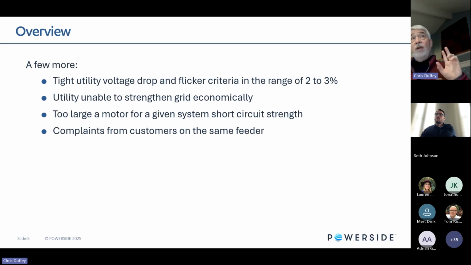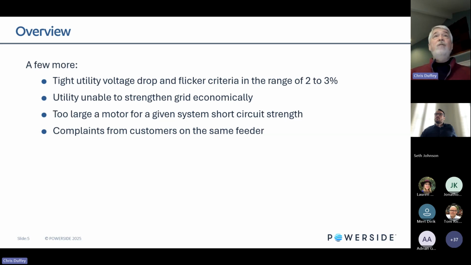Also of note in this presentation, which we'll discuss when we get to the compensation part, are tight utility voltage drop and flicker criteria in the range of 2 to 3%, which can be required by the utility or the supplier. The utility is unable to strengthen its grid economically; it costs a lot of money to strengthen the grid, and so that's an undesirable way to go unless you want to move your whole plant.